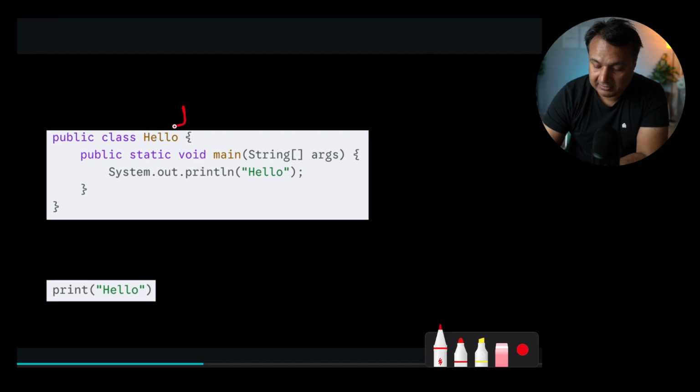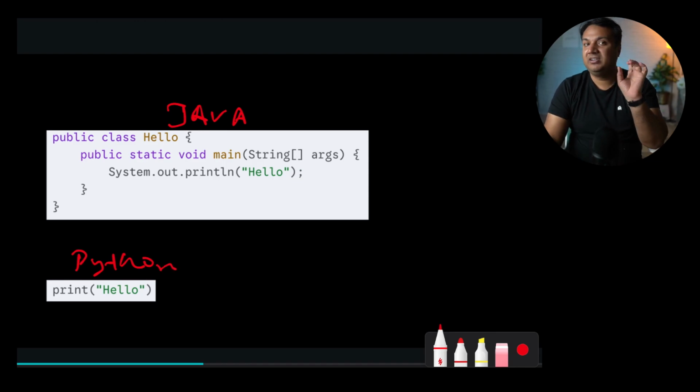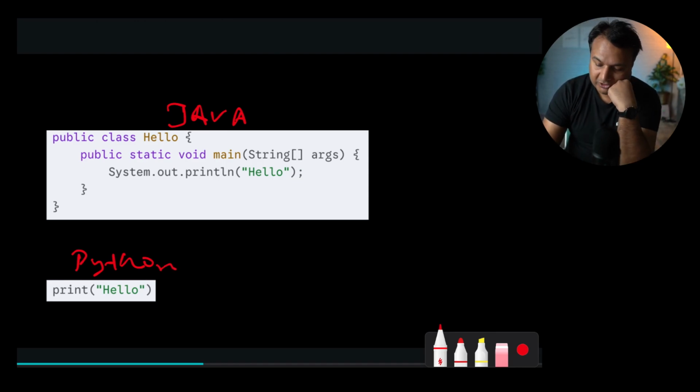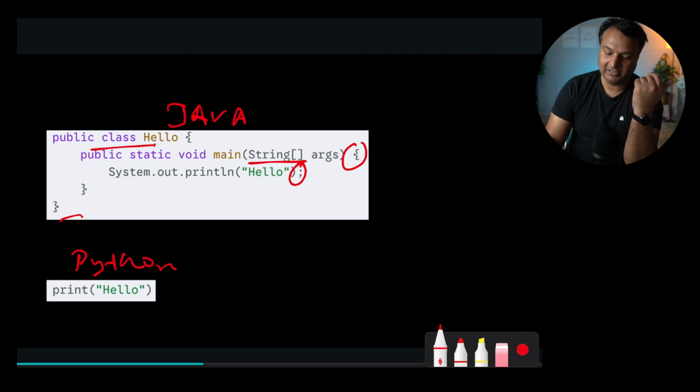So this is Java and this is Python. You just want to print a single word, hello, and you can see how much code you have to write. And there are semicolons and brackets, and then you have to define the string type, declaration of classes. None of that in Python. Just print hello. That's it. So one of the easiest languages to learn.